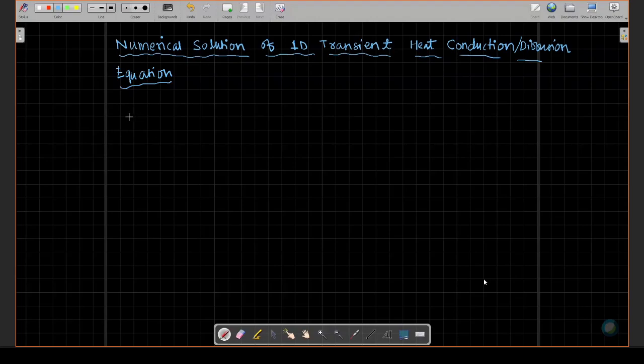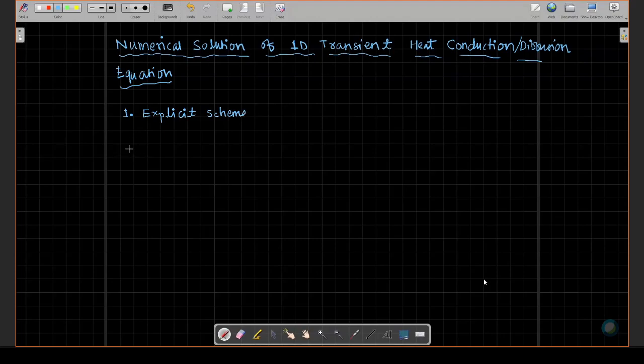So in the first case, we'll see the explicit scheme. Okay, so we'll focus on explicit scheme to solve the 1D transient heat conduction problem.